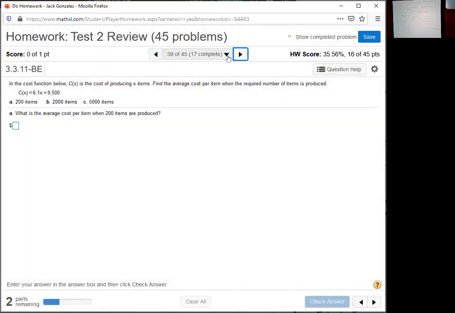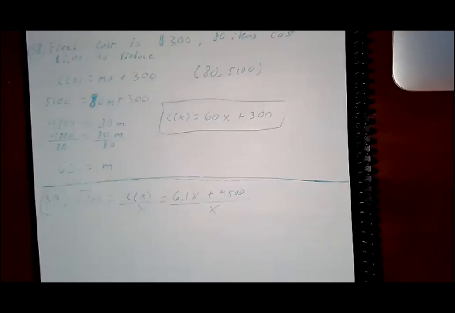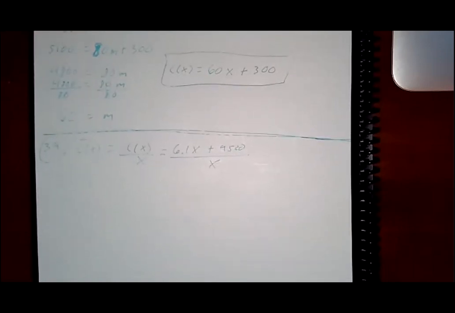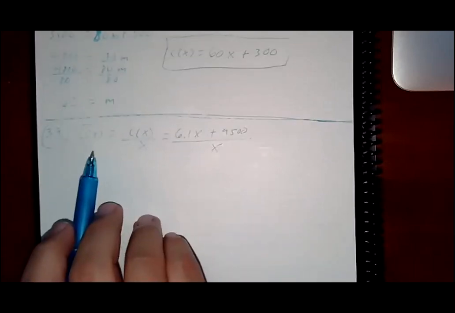Okay. So remember we said average cost, the formula, was equal to the cost function divided by x. So for this example, you'll take their cost function and just divide by x. So for part A, all you have to do is plug in 200.